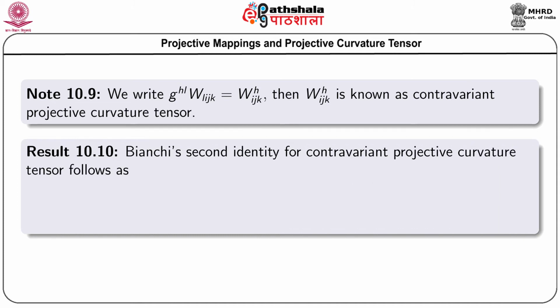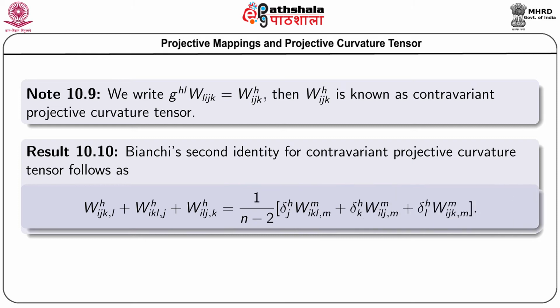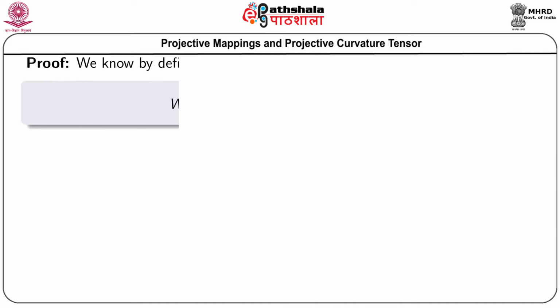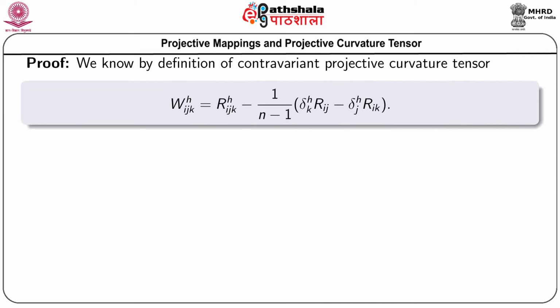Now, we prove the Bianchi second identity for the contravariant projective curvature tensor, which is given by this. So, this relation is the Bianchi second identity for the contravariant projective curvature tensor. Now, we try to prove this one. From the definition of the contravariant projective curvature tensor, we have this expression.